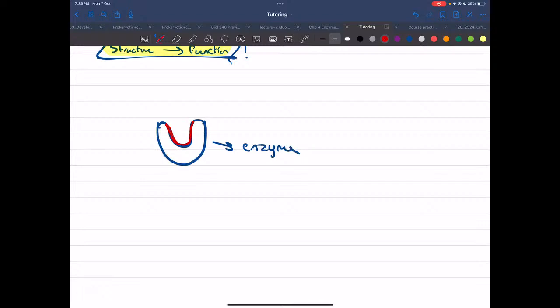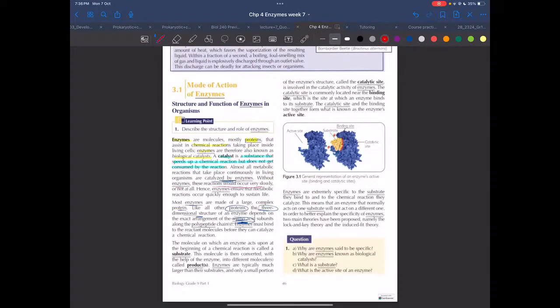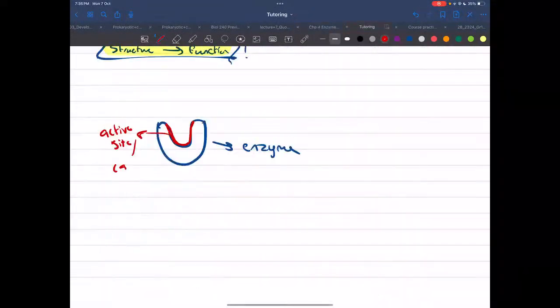I call this the active site, or the catalytic site. I think in the book they mention the catalytic site; they don't call it the active site here. They call it the catalytic site, or they even call it the active site here. So they're both the same thing. That's where the reaction occurs basically.